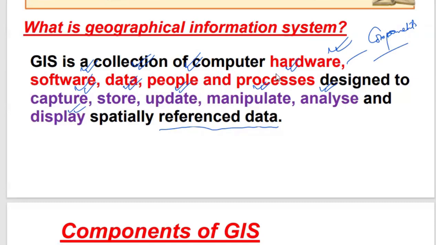We capture data, store it, update it, manipulate, analyze and display it. Spatially referenced data is another geographical concept that we need to look at in detail.